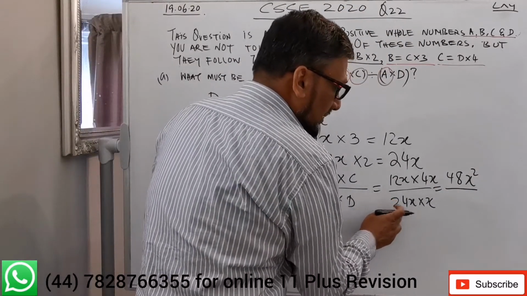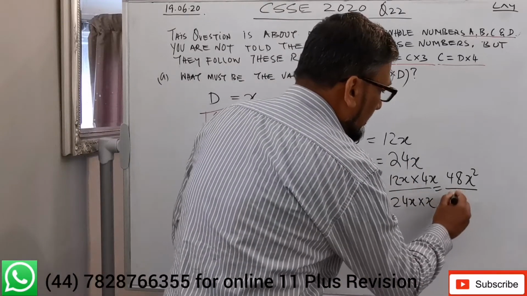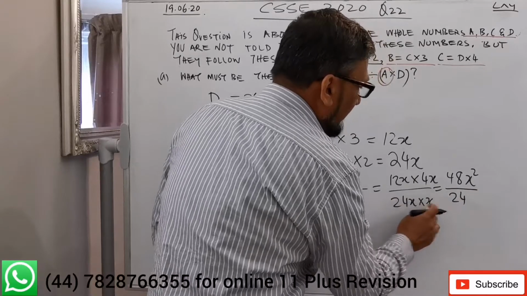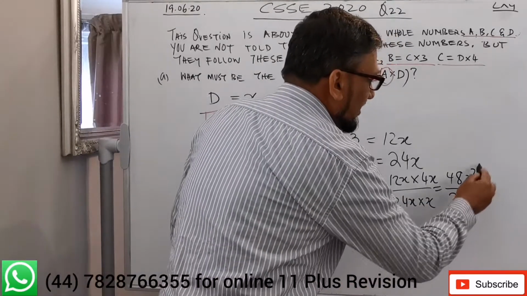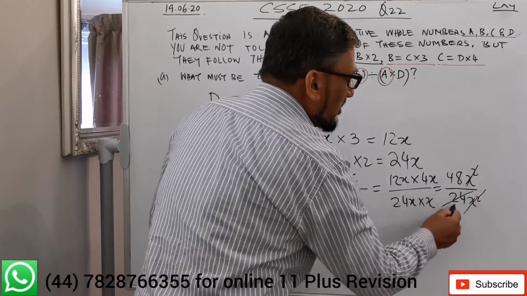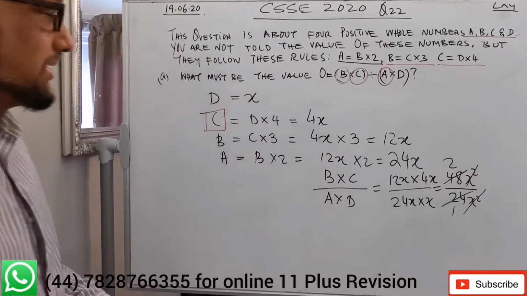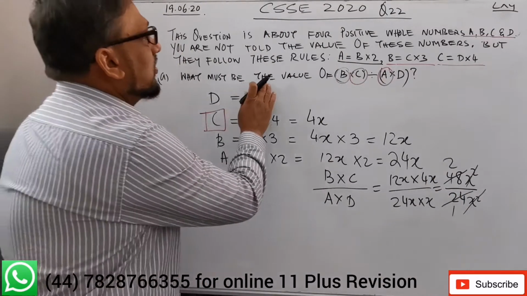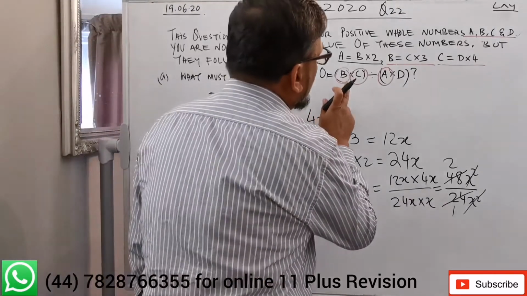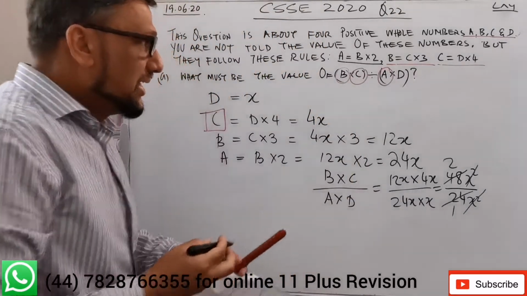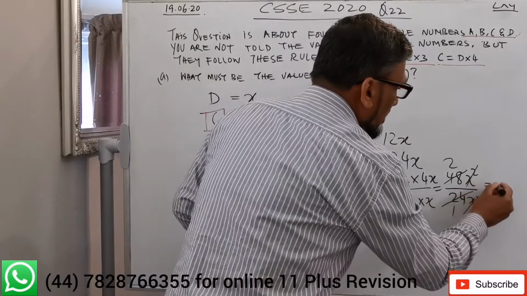On the bottom, 24 times X means 1, so 24 times 1 is 24. X times X is X squared. Look at this one: X squared cancels with X squared. 24 times 1 and 24 times 2 is 48. So what is the answer? If we take B times C divided by A times D, the answer will be 2.